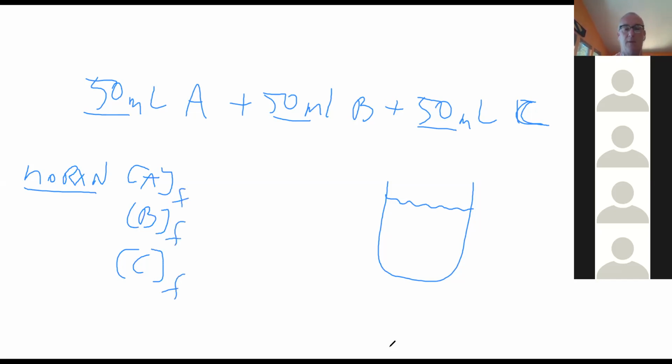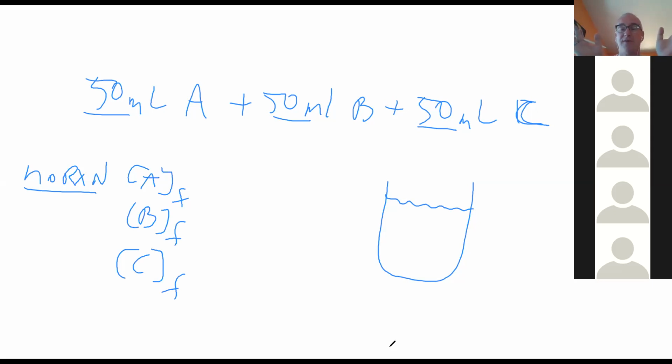16.66 molar of A. If it's 16.66 molar, that means my concentration has gone up 16 times. And my concentration can't go up 16 times because I've diluted it. By diluting anything, the concentration is less, right? So your final concentration has to be less.